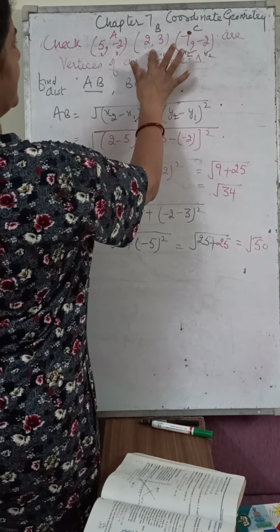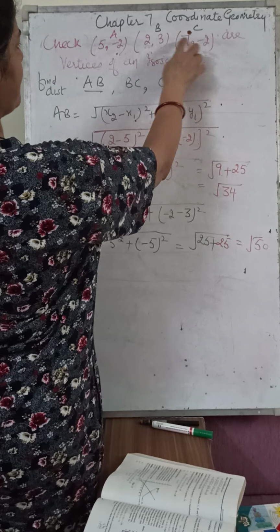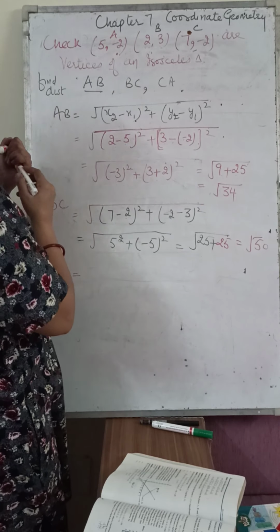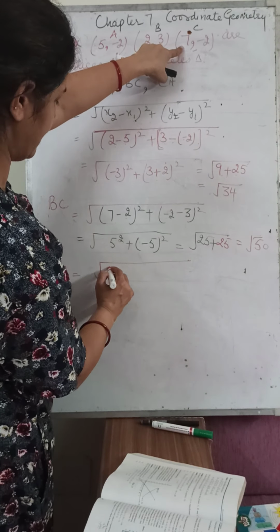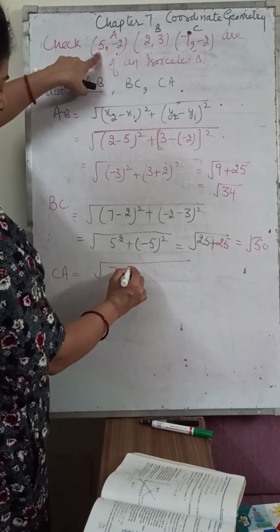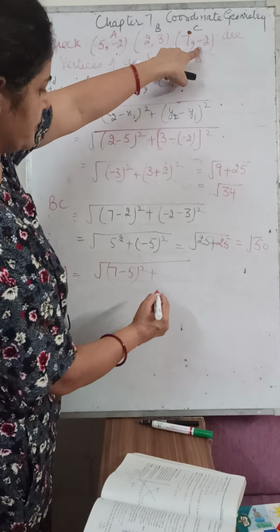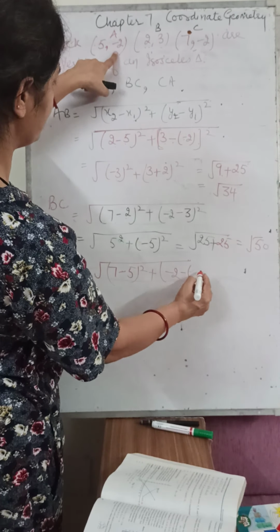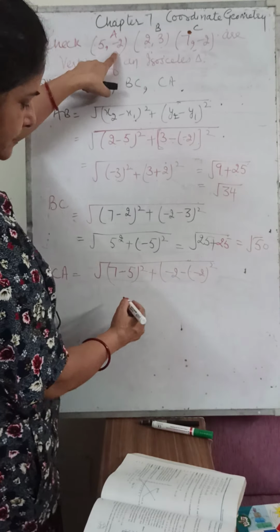For CA, you will take this x1, y1, this becomes x2, y2. Point A comes later, so this will be x2, y2. Root x1 is 7, x2 is 5, whole square, plus y2 is minus 2 minus y1 is minus 2, whole square.